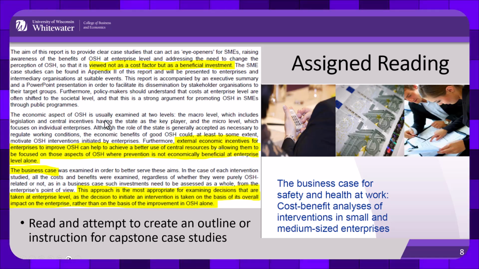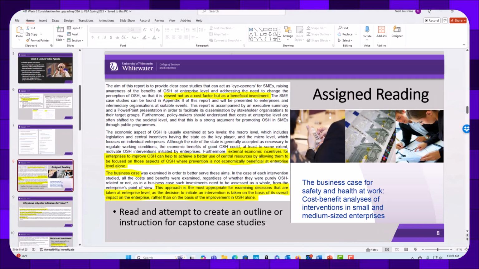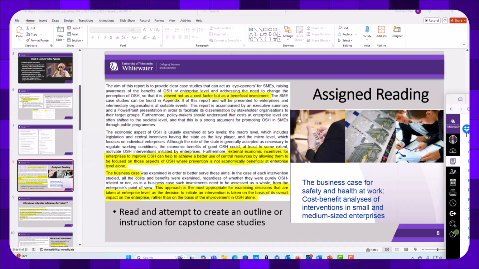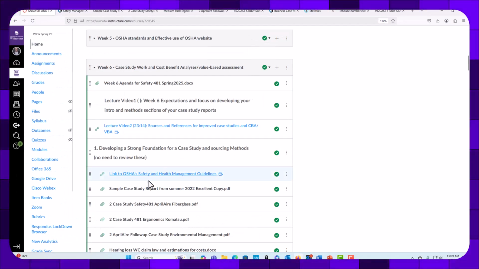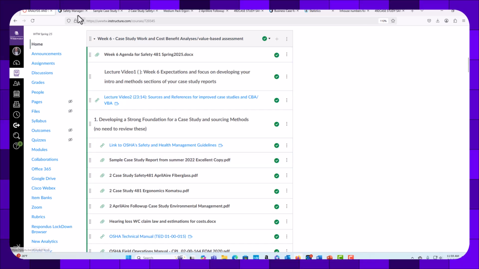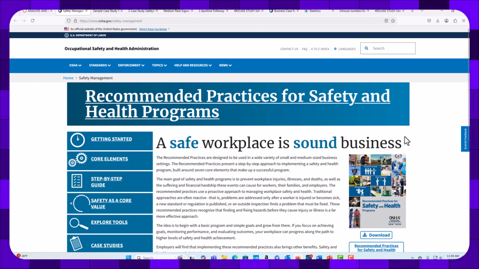So one of the first assigned readings, okay, I'm going to come back to this. I want to go over the case studies real quick for you because that's why I have it set up here. I want to go over this stuff. So sometimes it's like, where do we begin? Well, we can begin with the minimum requirement, which is OSHA, and they have recommended practices for safety and health programs.